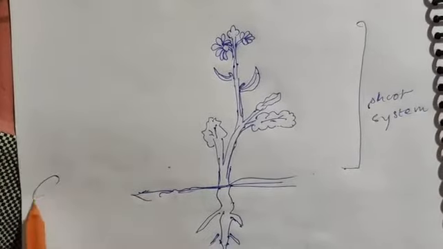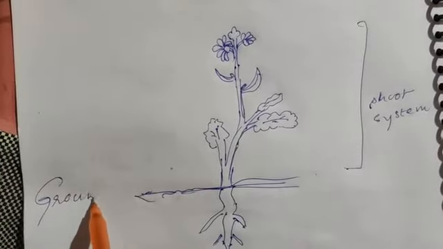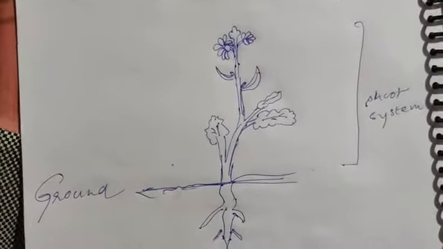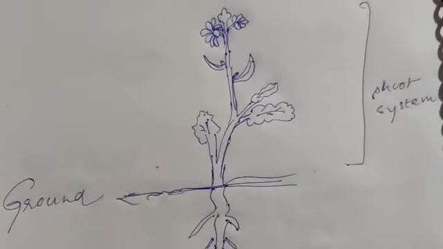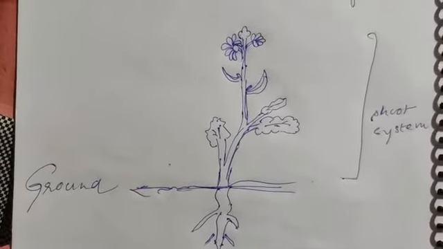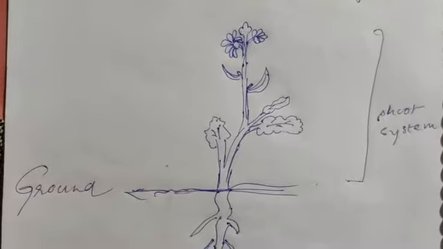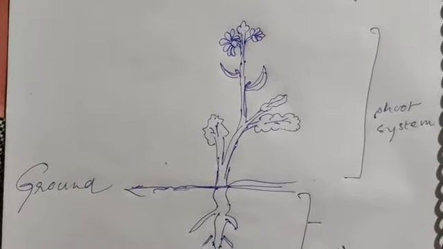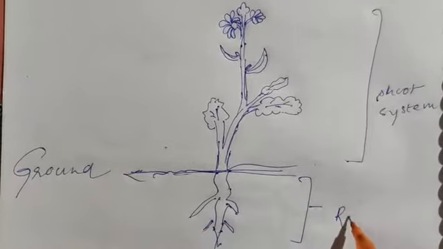This is the ground. The part which is above the ground level is called the shoot system, and the part which is under the ground is called the root system.